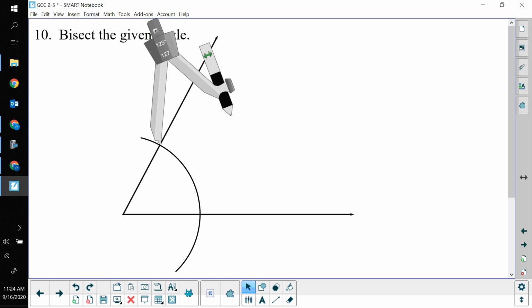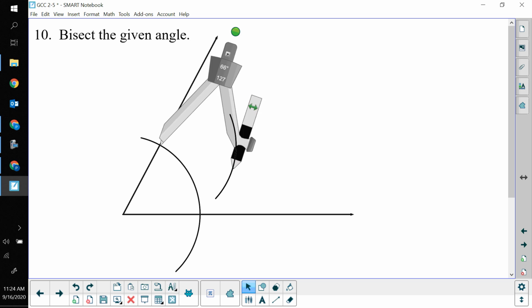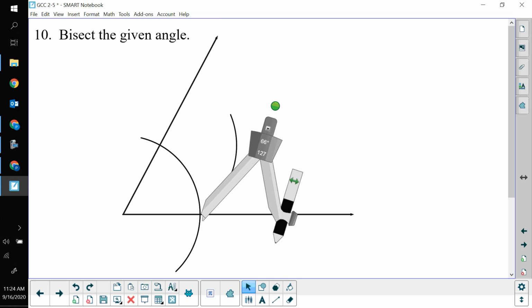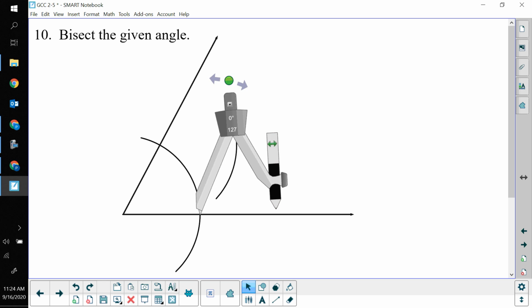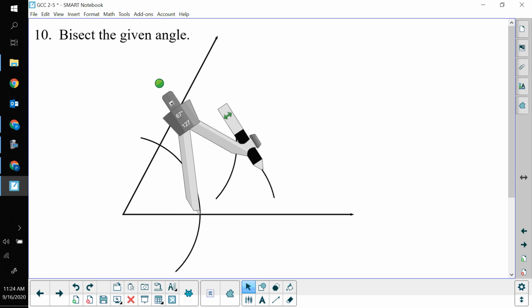And we're going to go to each of our intersection points. And do a swoop in the middle. And you want to try and make sure you're right on it. Do a swoop in the middle.